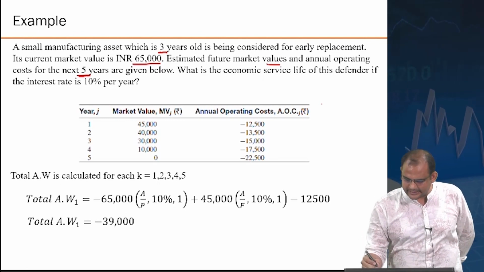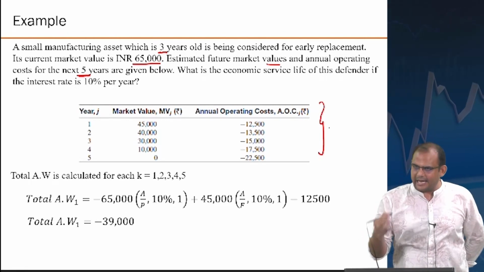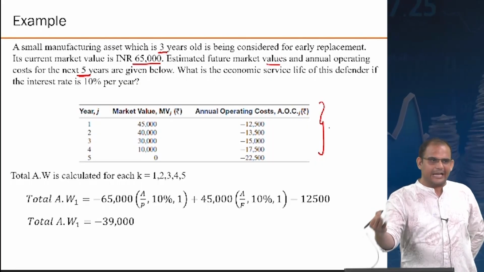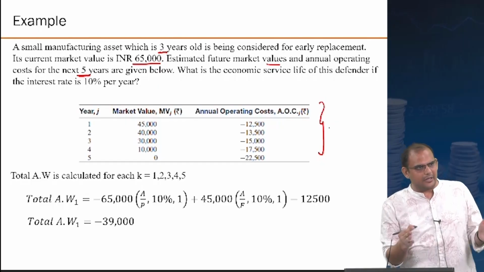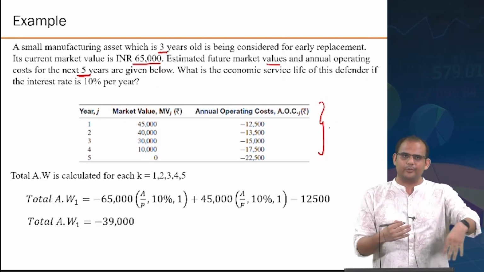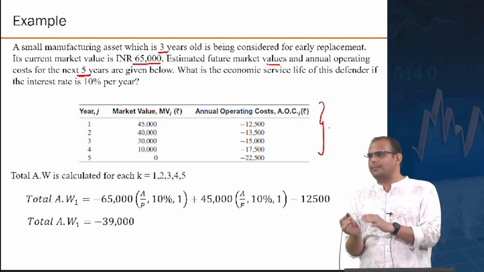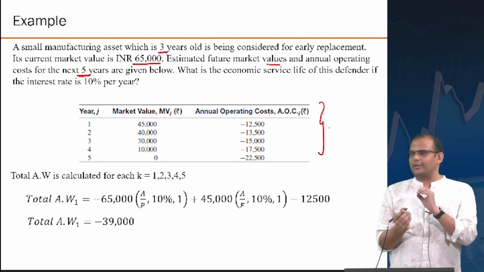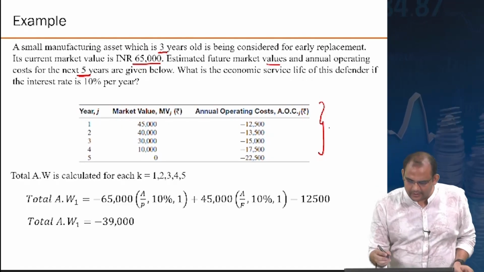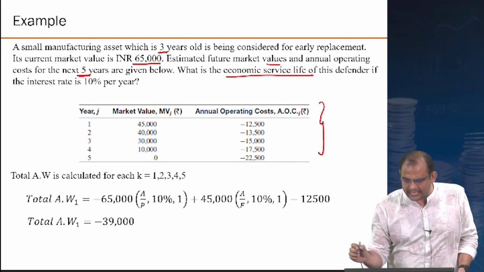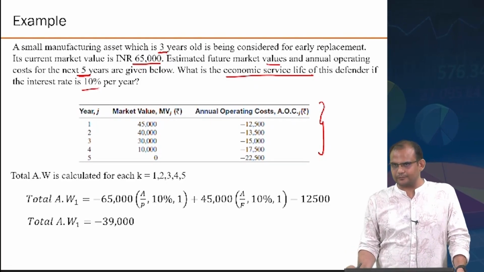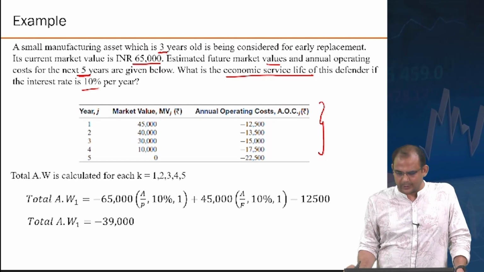In this table, I am giving you the values of future market value of this particular asset, 1 year from now, 2 years from now, and what are the corresponding operating cost in each year. What is the economic service life of this Defender if the interest rate is 10% per year? Okay, this is the question.